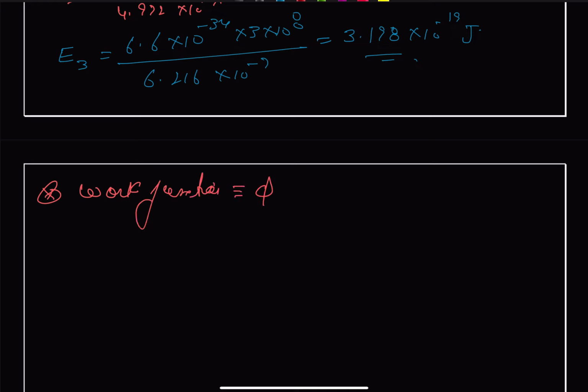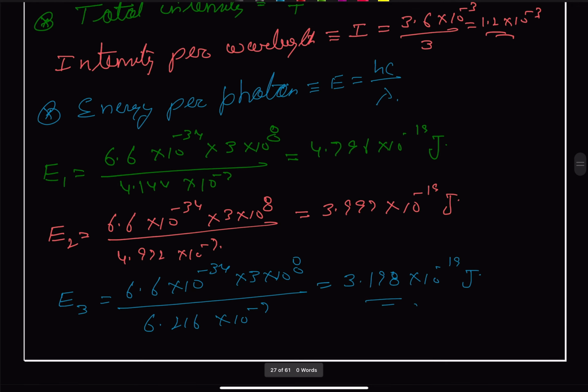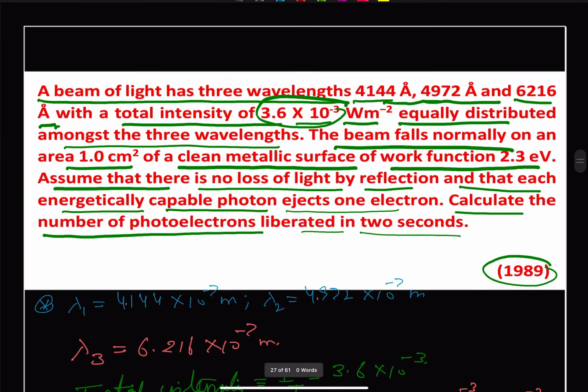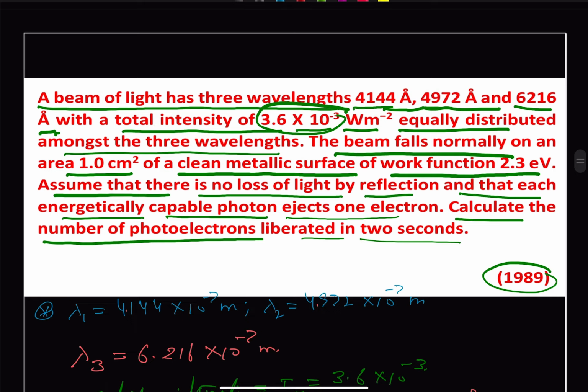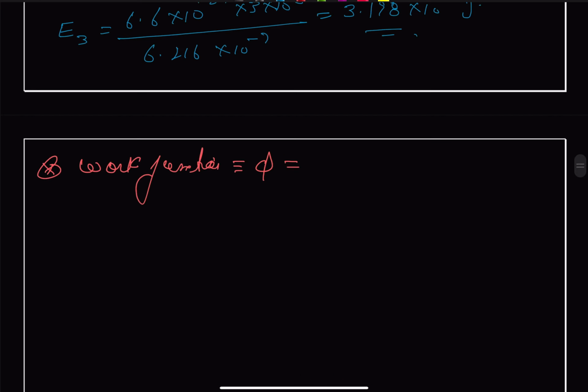That is, our phi is equal to, work function is given to us in electron volt, that is 2.3 electron volt. So this gives us 2.3 into 1.6 into 10 to the power minus 19, giving us 3.68 into 10 to the power minus 19 joules.